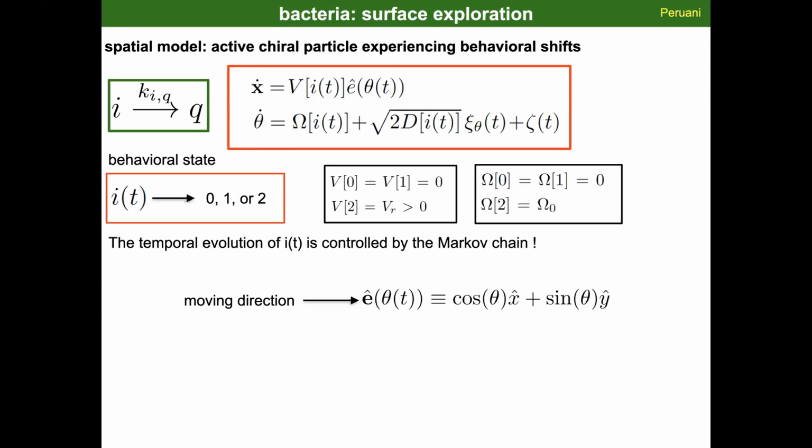That means that the speed of the bacterium will be given by a behavioral state, meaning the speed will be different if it's in state 0 or 1. In fact, when it was in state 0 or 1, we saw that there is no net displacement of the bacterium.